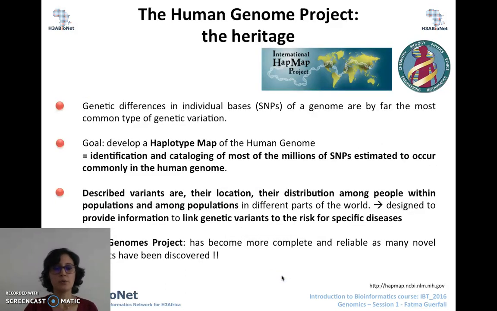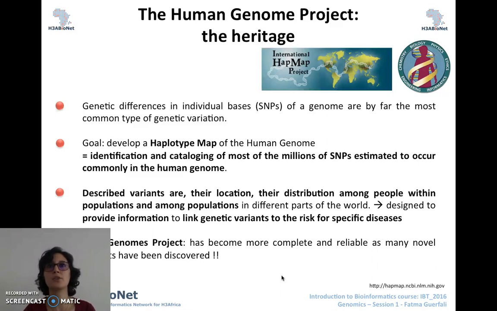What I wanted to tell you also is that there was an international project that was developed after the Human Genome Project, because the goal of that project was to develop a haplotype map of the human genome. So basically it was identifying and cataloging most of the millions of SNPs estimated to occur commonly in the human genome.